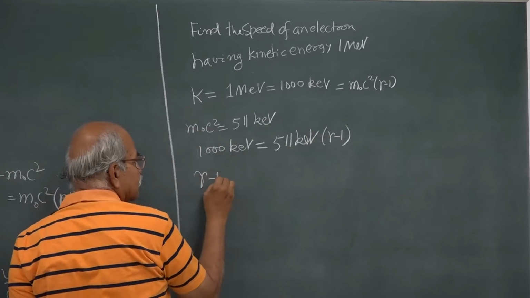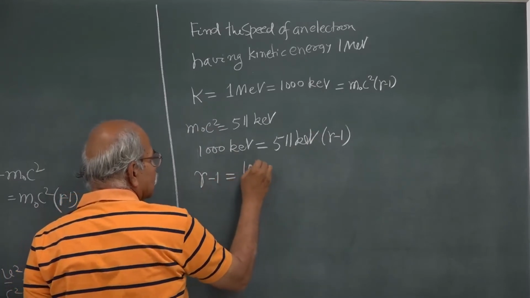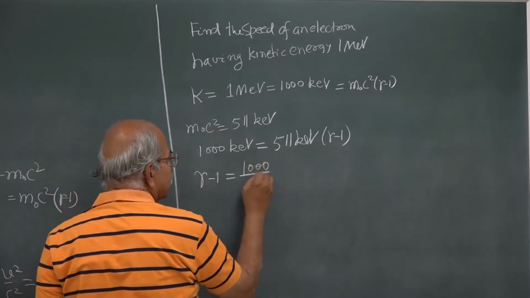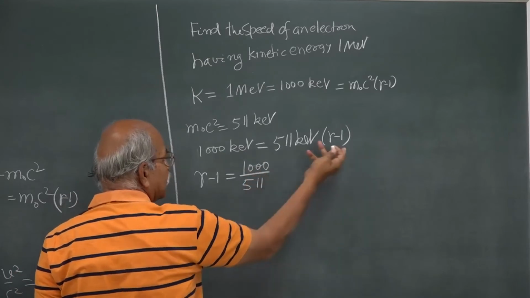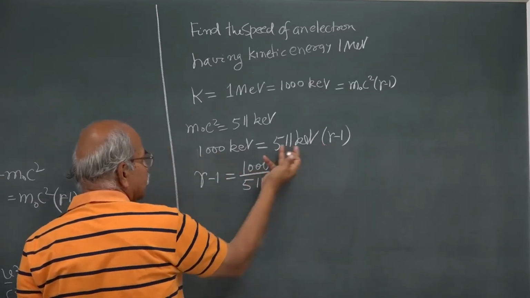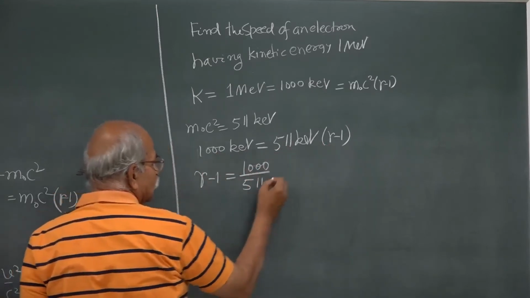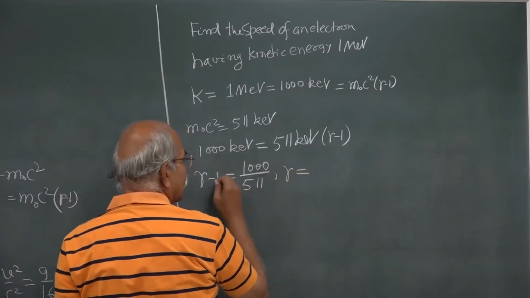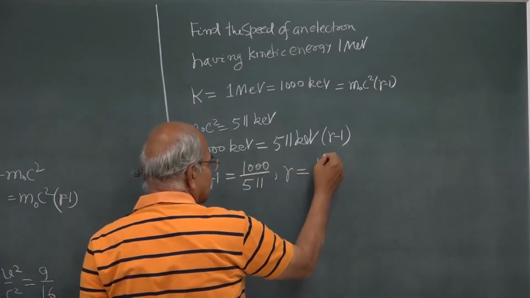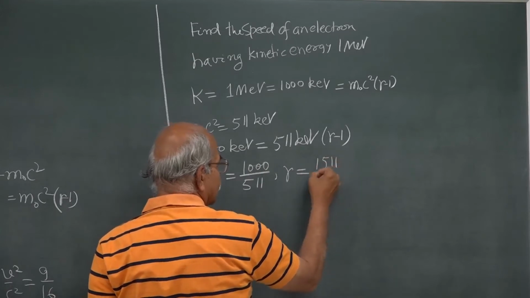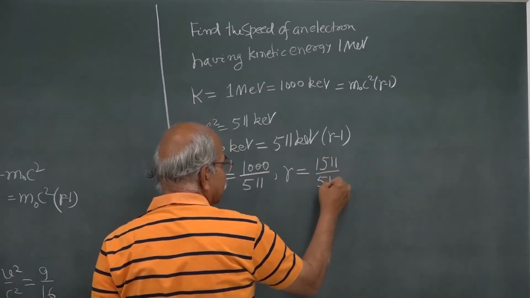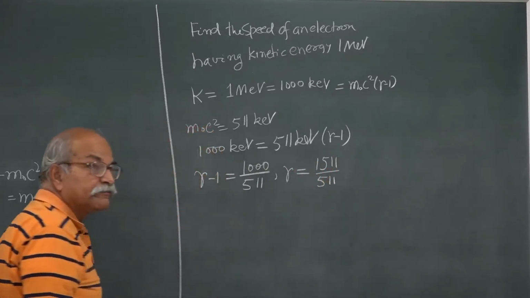So gamma minus 1 is equal to 1000 divided by 511. So gamma is equal to 1 plus this, so 1511 divided by 511. That is gamma.